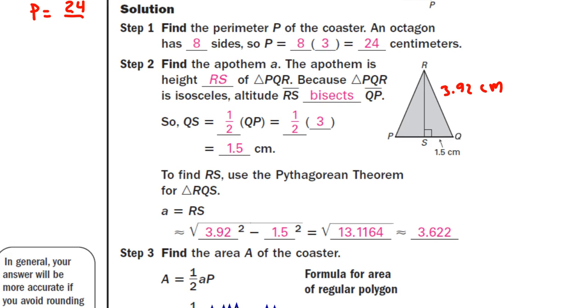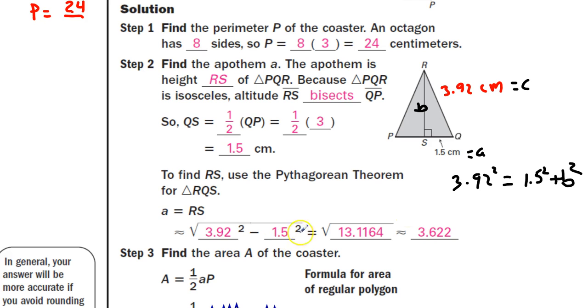You've seen this before, but let's call this a, and this is c because it's the hypotenuse. Actually, I should have called this a, for apothem. Okay, so we have 3.92 squared, using the Pythagorean theorem, is equal to 1.5 squared plus b squared. So to get b by itself, I would subtract whatever 1.5 squared is from 3.92 squared.